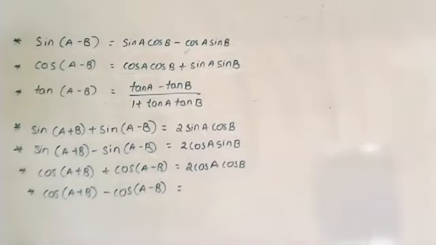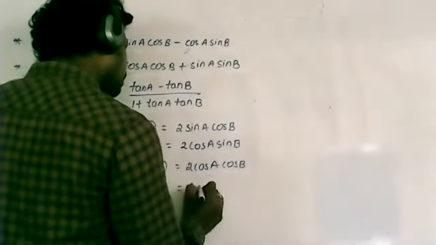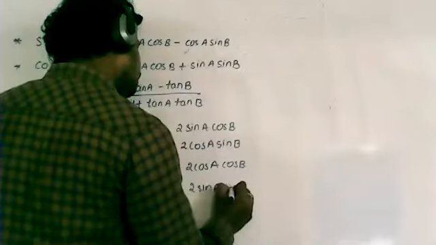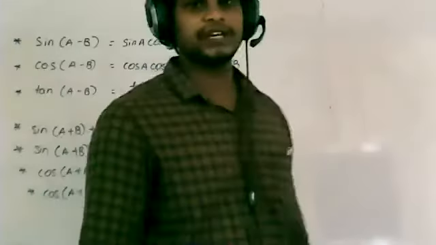Now what is cos(a+b) − cos(a−b)? Yes, it is −2 sin a sin b.